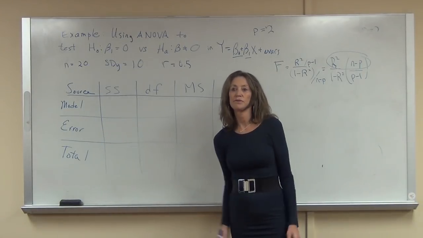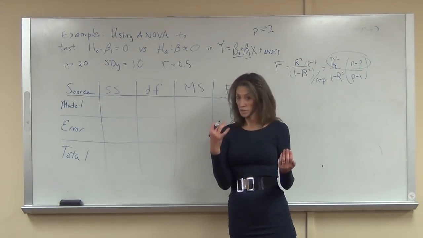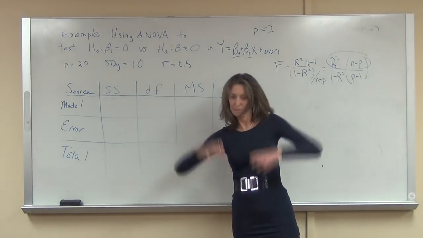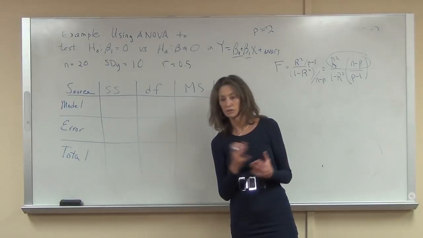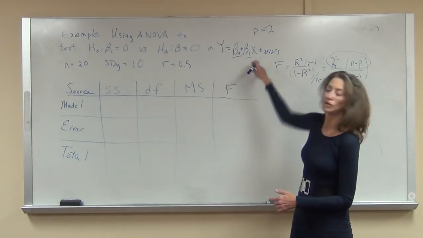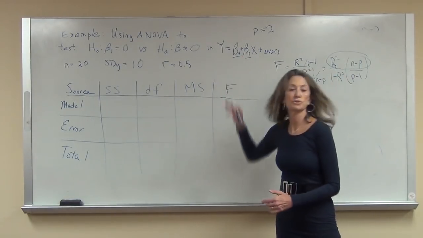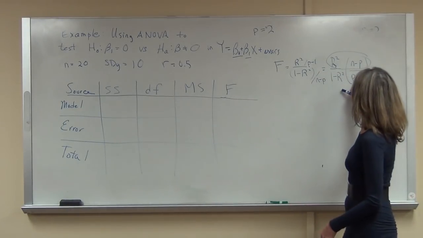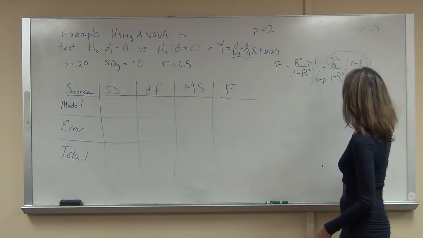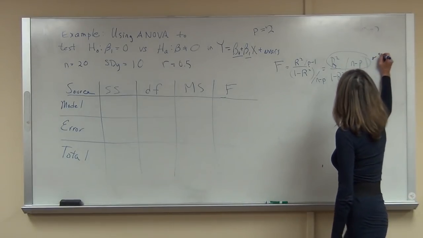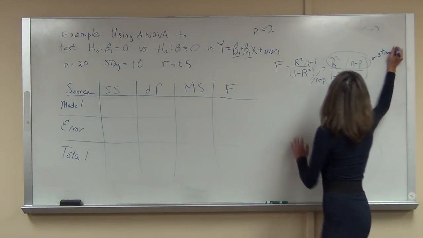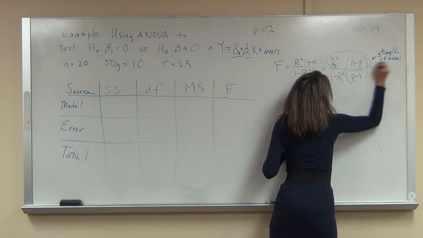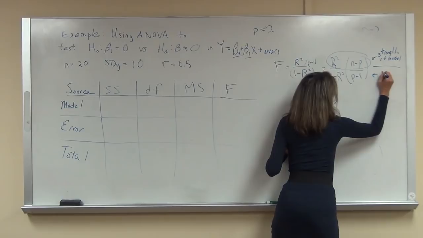Think about it. If you have a sample size of n and you have that many parameters, you could perfectly fit your particular sample. If you have as many parameters as you have points. So basically this is a very nice way. This is the strength of the model, the numerator, and this is the strength of the errors.